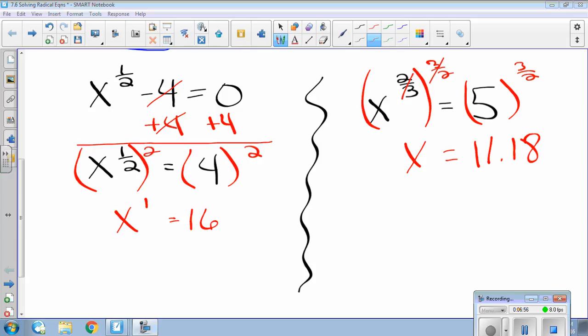So x to the 3/2 power, if I wrote that using a radical, it's actually a square root, right?